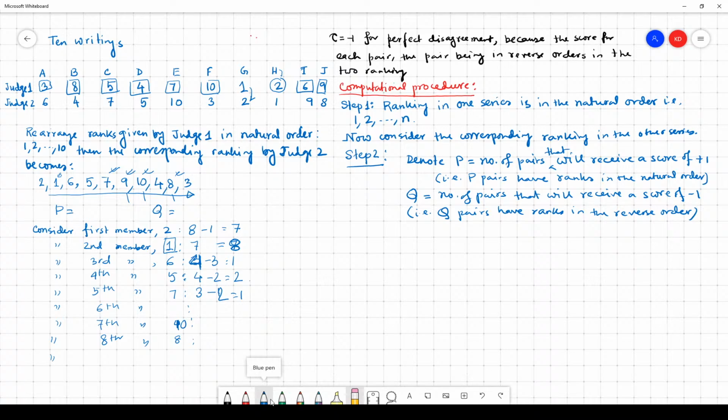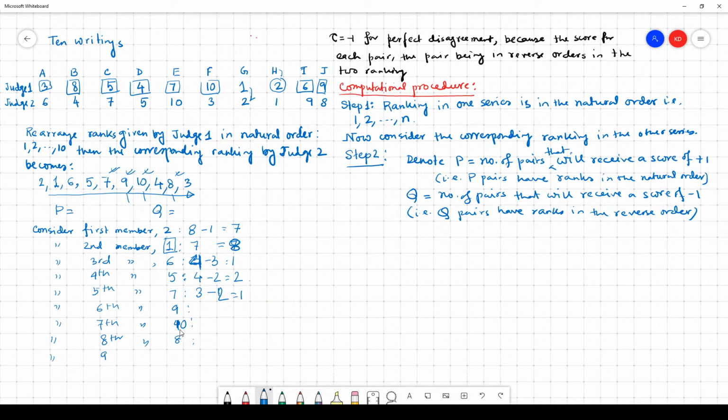Shayok, tell me why is it not 8? If you look at 1, okay. There are 8 members on the left hand side of the 1 and all are greater than 1. Hence it takes only 8 plus 1. So that means it should be 8. Okay. Please check. So the 6th member is 9.